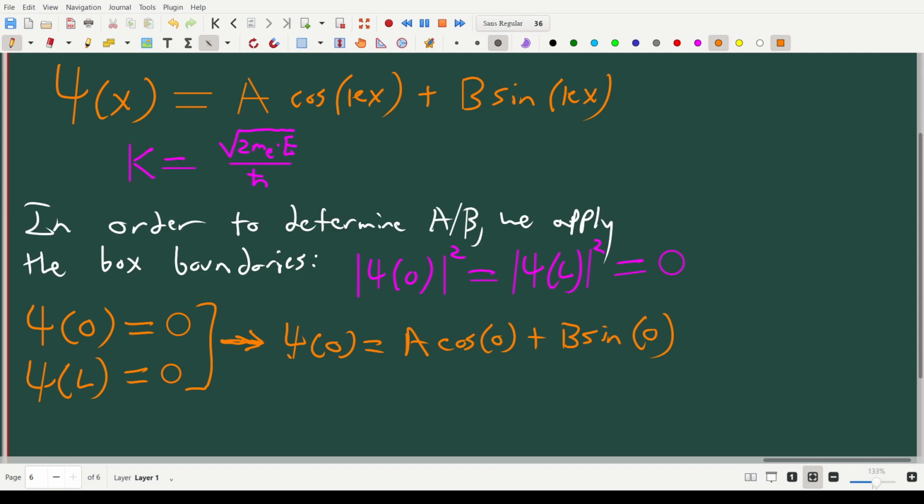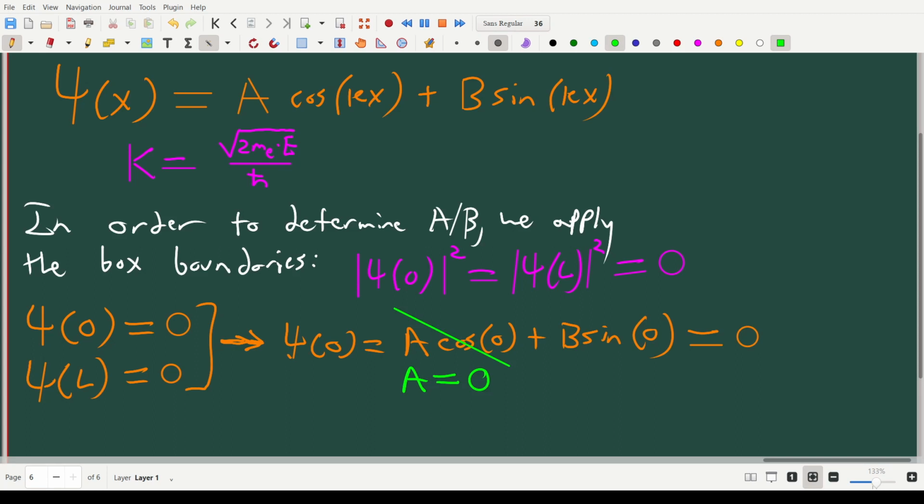And this has to be equal to 0. The wave function has to be 0, so we have to just apply it. All right, so the cosine of 0 is 1. Sine of 0 is 0. So we have A times 1 plus B times 0 is equal to 0. So that means A has to be equal to 0. There's no cosine component for this.